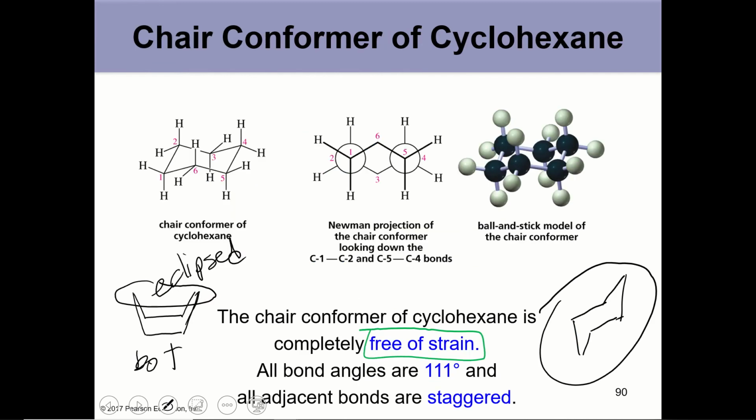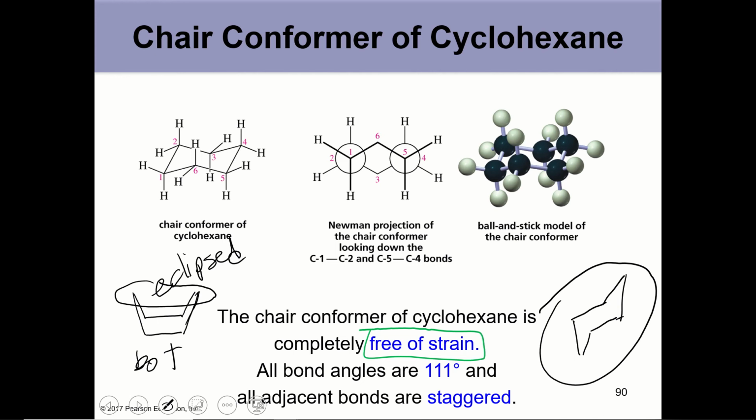And then we get to cyclohexane. We are going to be dealing with the chair conformer of cyclohexane a lot. The chair conformer of cyclohexane has the staggered orientation for all carbon atoms.